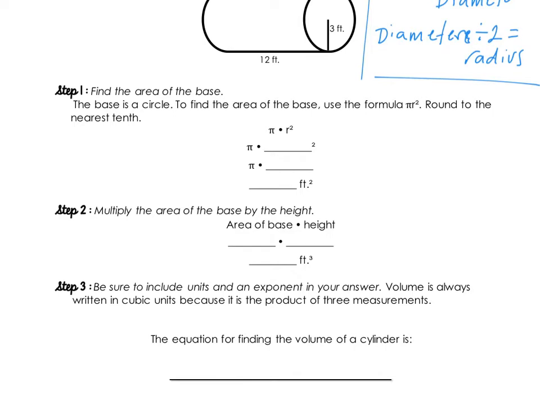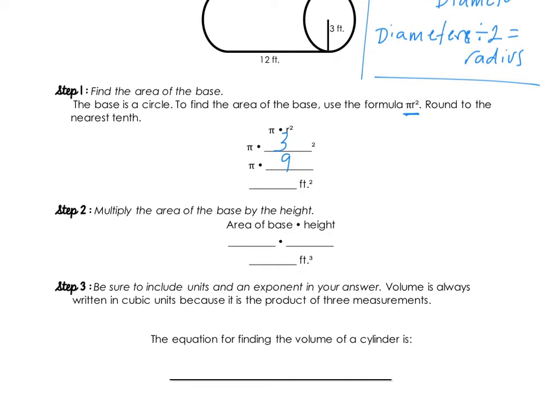To find the area of the base, the base is obviously the shape of a circle. So to find the area of it, use the formula, and then here it is right here, pi r squared, round to the nearest tenth. So pi times radius squared. Well, the radius in this case is 3, right? Or we could say 3 squared is 9. And 9 times pi.